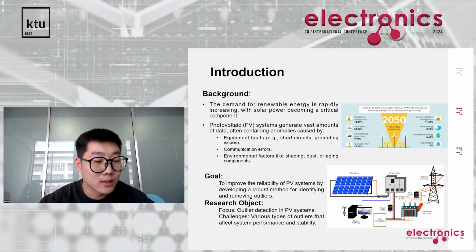These outliers need to be found and removed to keep the system running smoothly. Our research focuses on finding three main types of outliers: equipment problems, communication errors, and environmental issues. Solving this helps improve the efficiency and reliability of solar power systems.